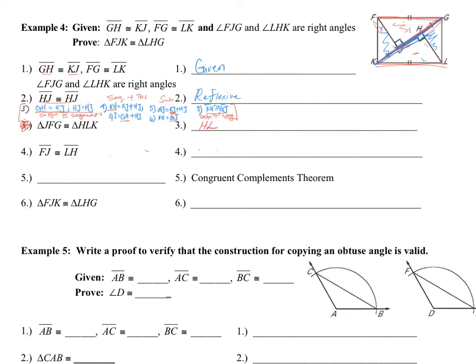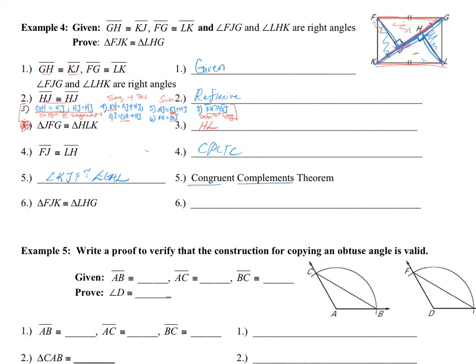So we can therefore state that FJ is congruent to LH by CPCTC. And we can also say that angle KJF is congruent to angle GHL by the congruent complements theorem.